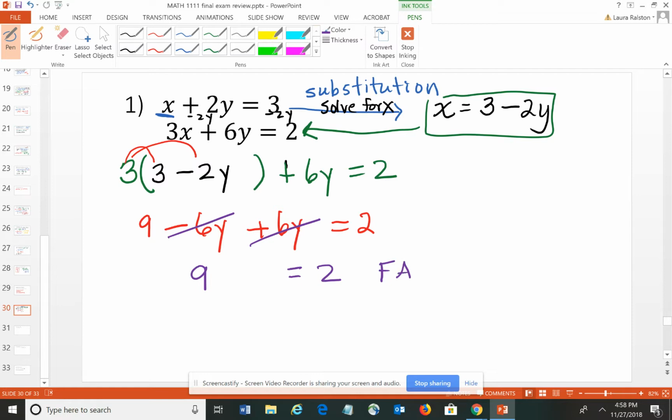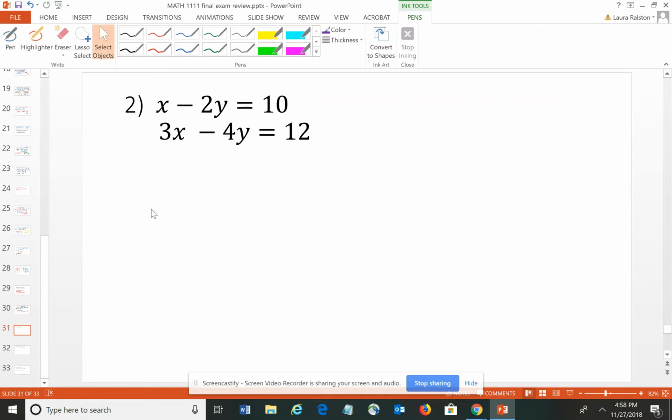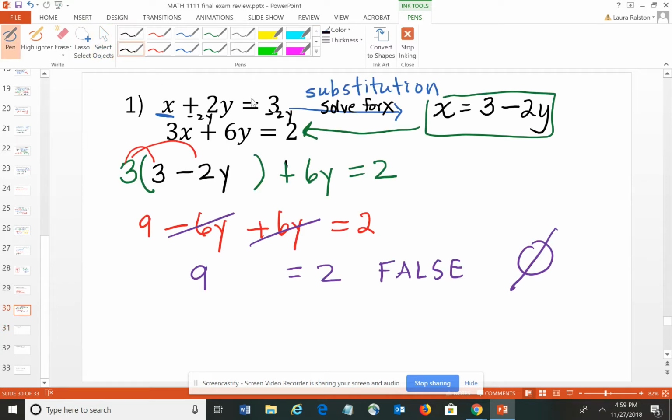This is a false statement. And remember, when you get a false statement, that implies that there is no solution to the system. So our answer here is no solution. There's not a solution to this particular system, which is a valid option for solving a system of equations.